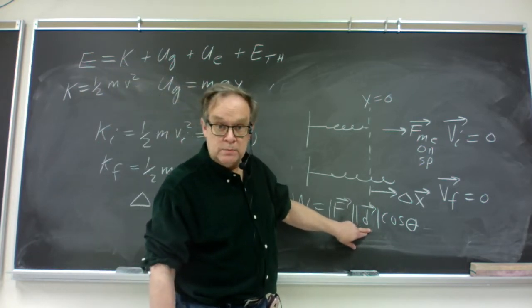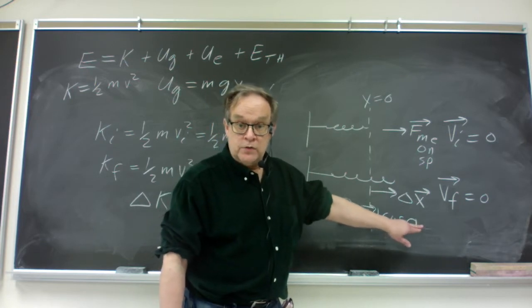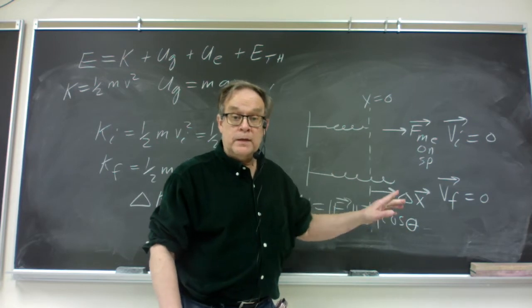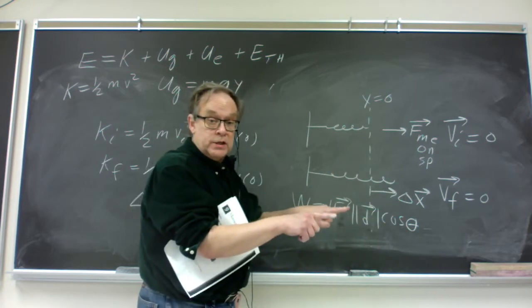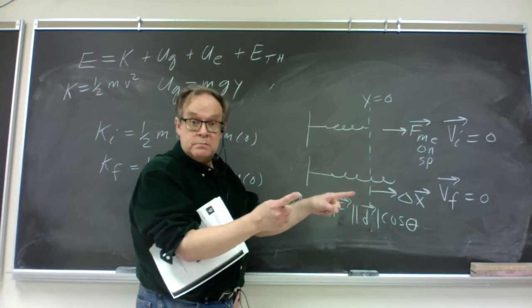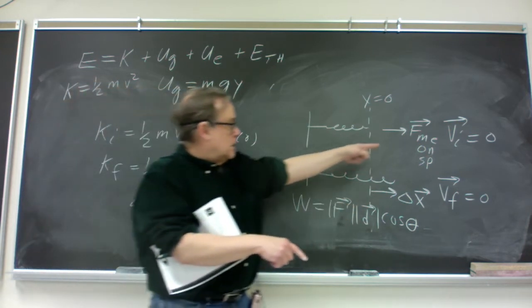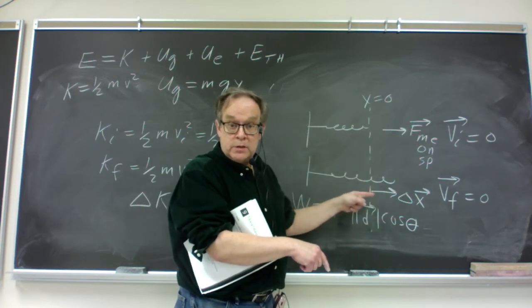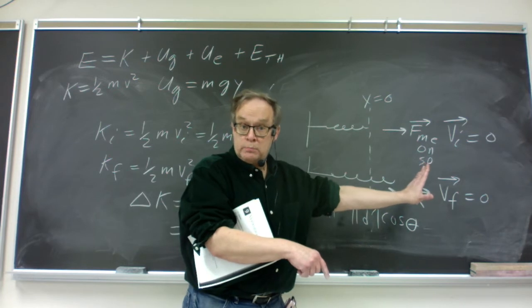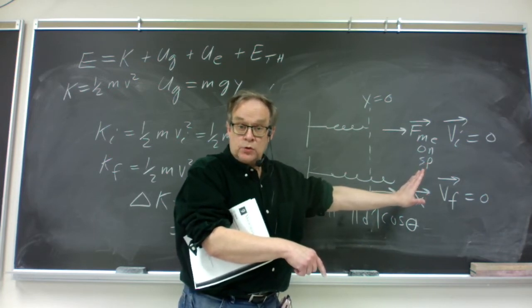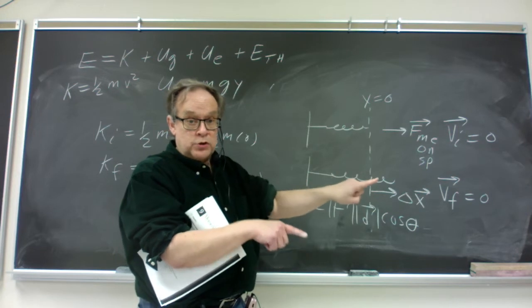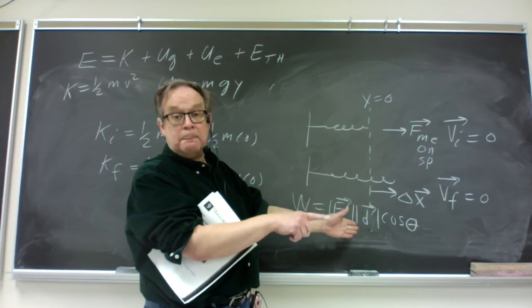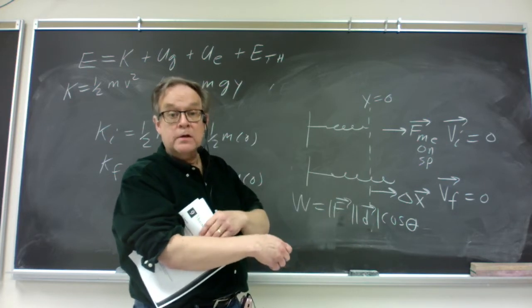And in this case, cosine of theta, just like in the previous example, the angle between the force direction and the displacement direction, is again 0, because the force that I'm applying to the spring points to the left, and the displacement, the direction of the spring's motion, is to the left. So the angle between force direction and displacement direction is 0 degrees, and again, cosine of 0 is positive 1.